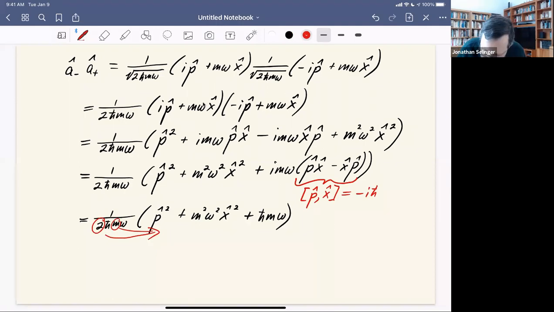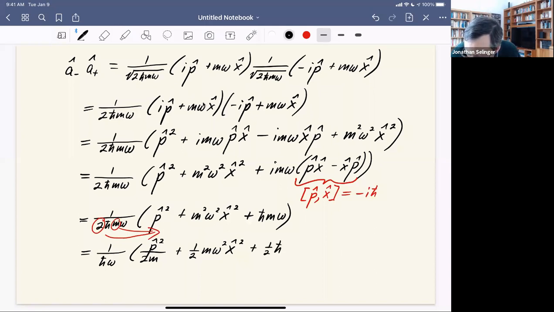And then this all simplifies to 1 over h bar omega times p squared over 2m plus 1/2 m omega squared x squared plus 1/2 h bar omega, like that.